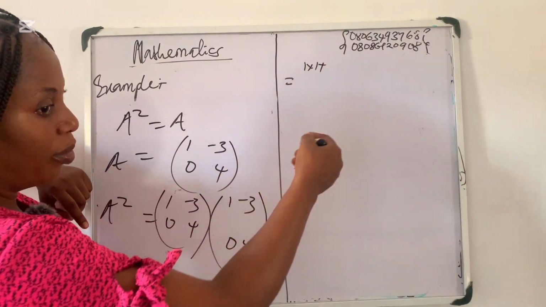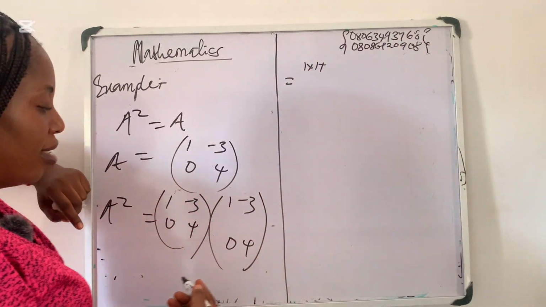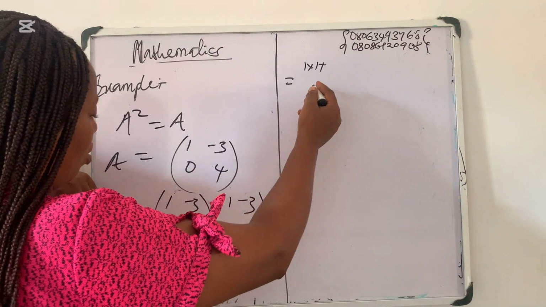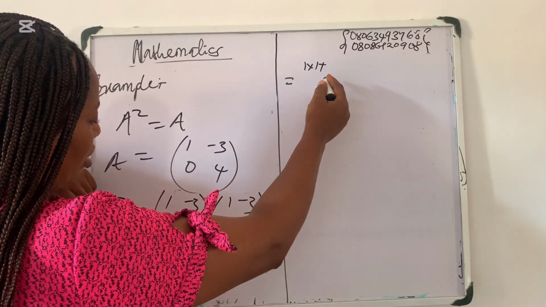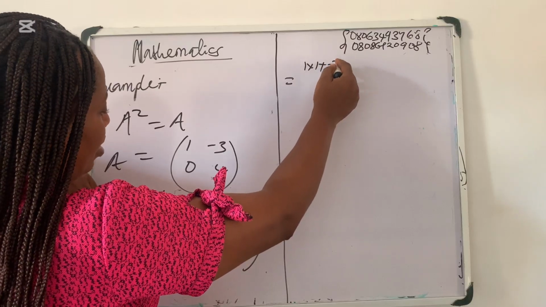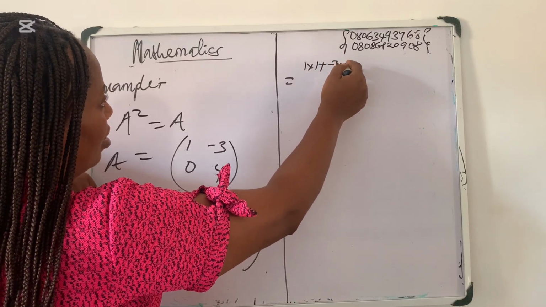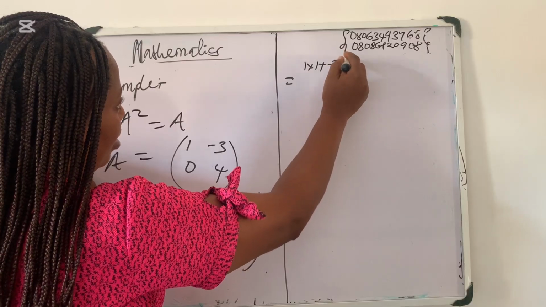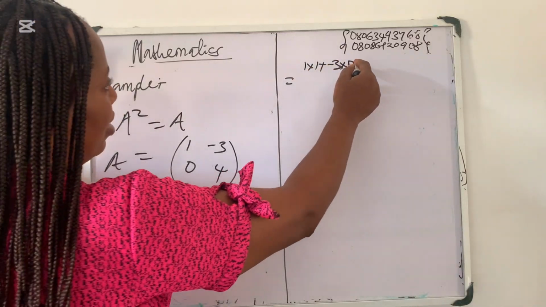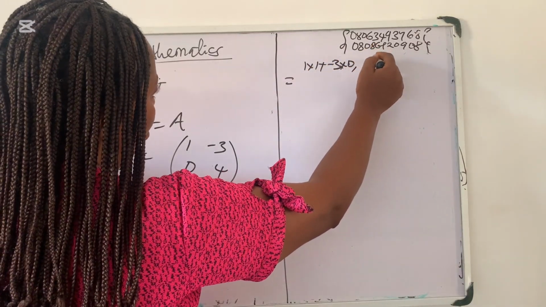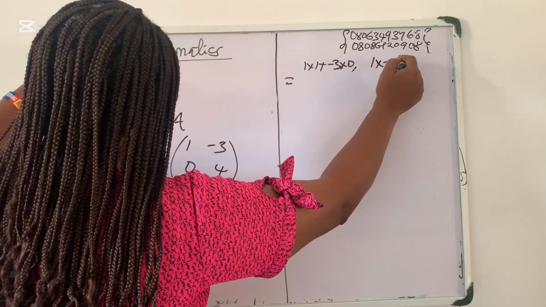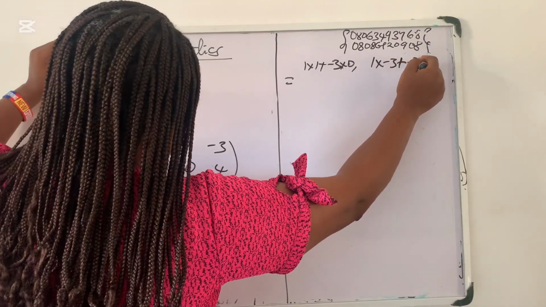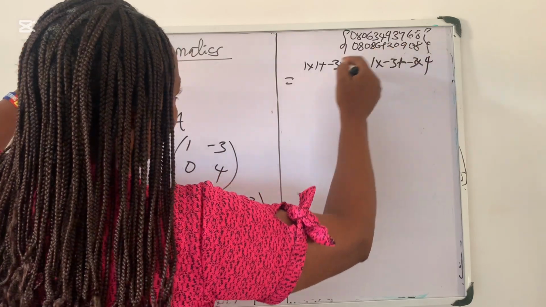Going forward, 1 times 1 plus, remember, in multiplication of matrices, we use row to multiply column. 1 times 1 plus minus 3 times 0. Still use that same row: 1 times minus 3 plus minus 3 times 4.